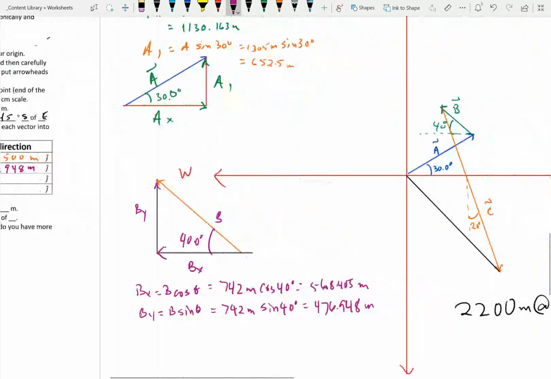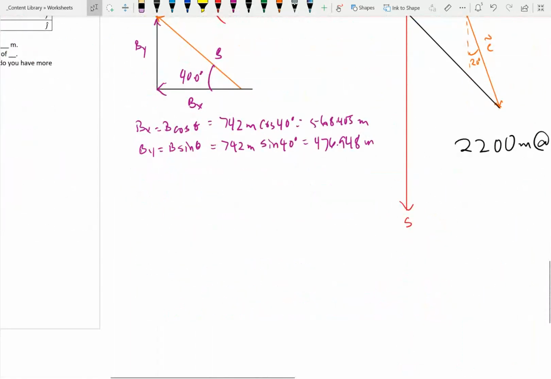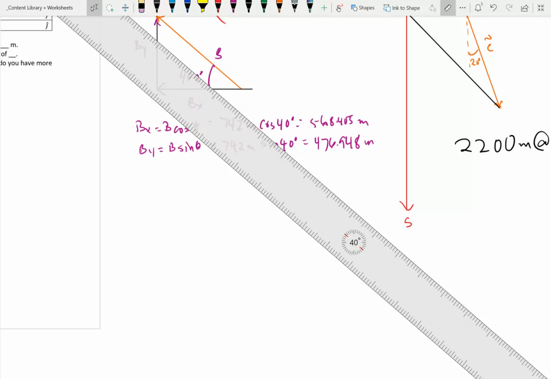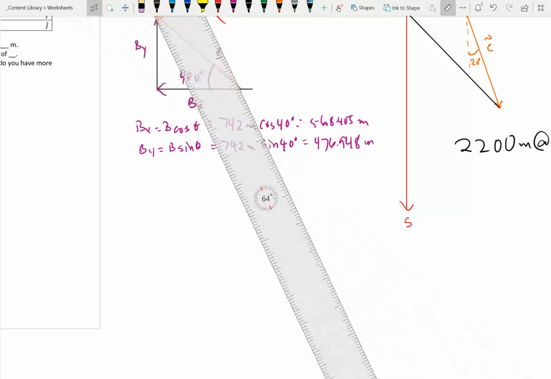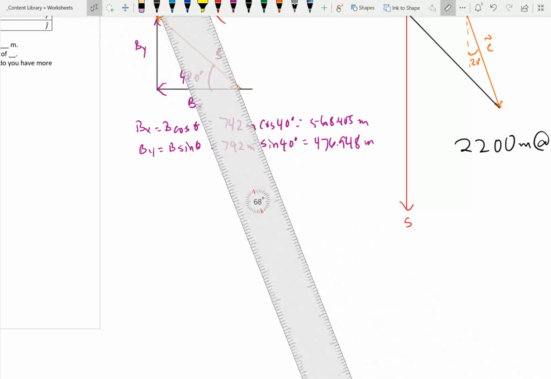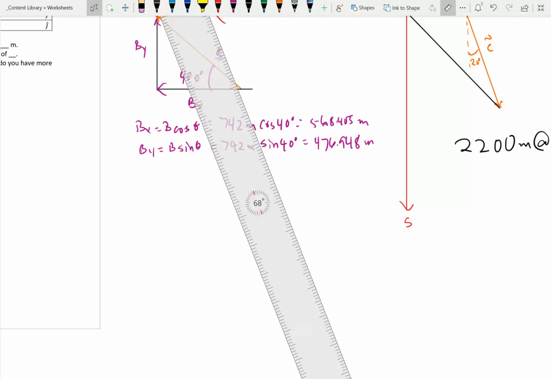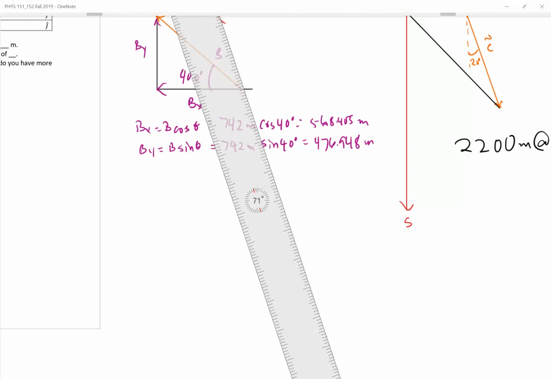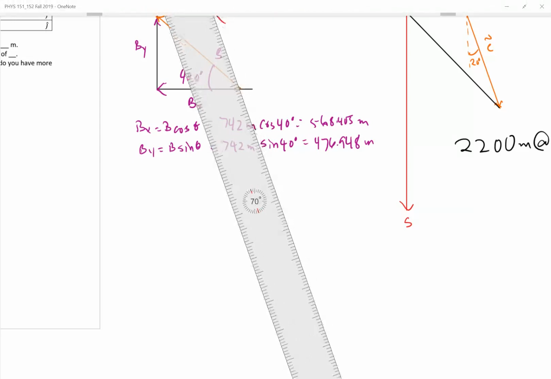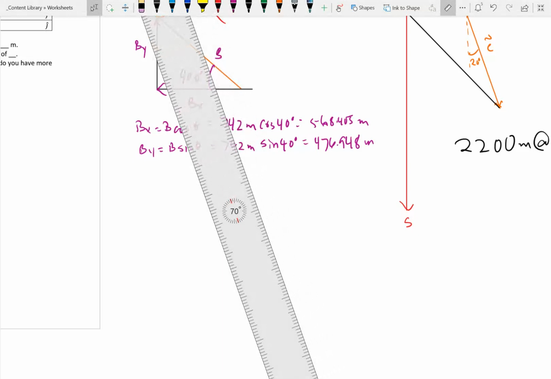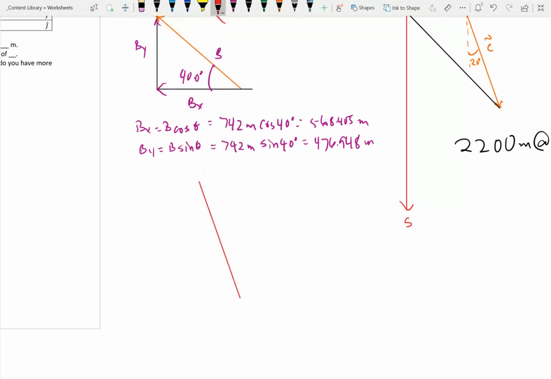Finally, my C vector. My C vector was like this. Oops, it's almost there. Come on, stop at 70. Got it. So my C vector was like this.